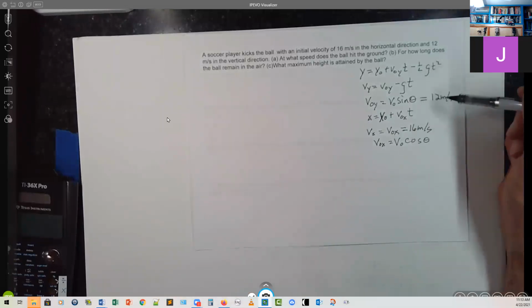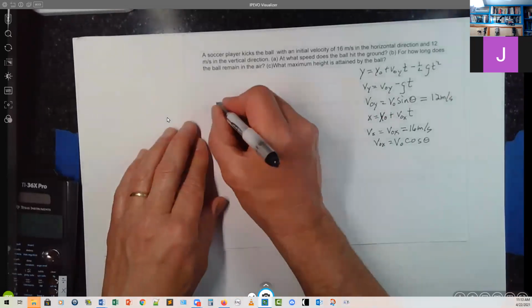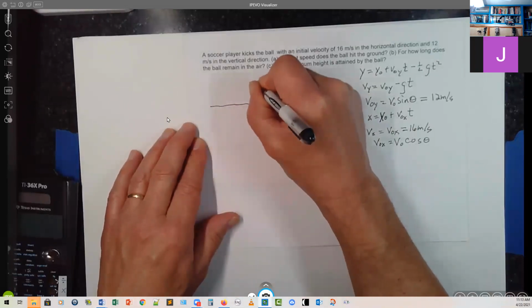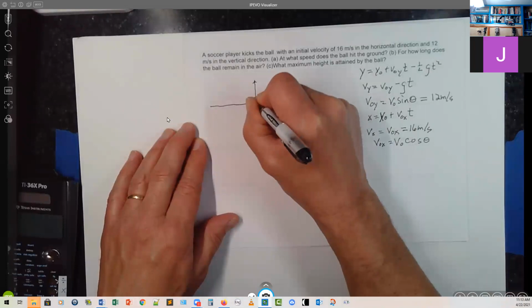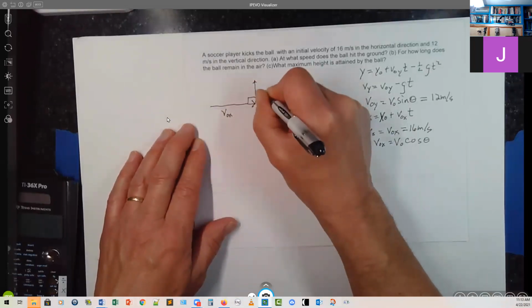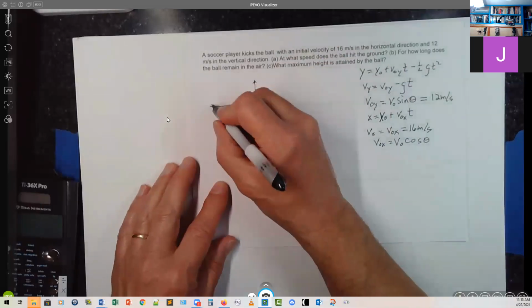I can figure out the initial speed, and the way I can do that is using something called the Pythagorean Theorem, because this is v naught x going this way and v naught y going this way, and this is just the scalars of them.